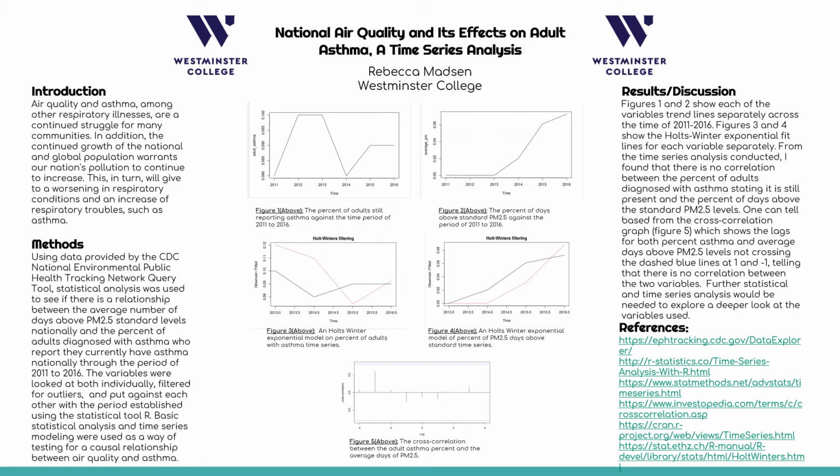As we can see, most of the spikes are close to the 0 line, telling us that these two time series are not identical, and because they do not cross the blue dashed lines at -1 and 1 with the y-axis, that there is no correlation between the two time series variables.